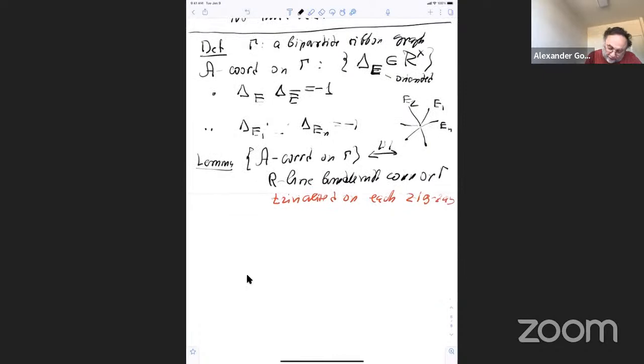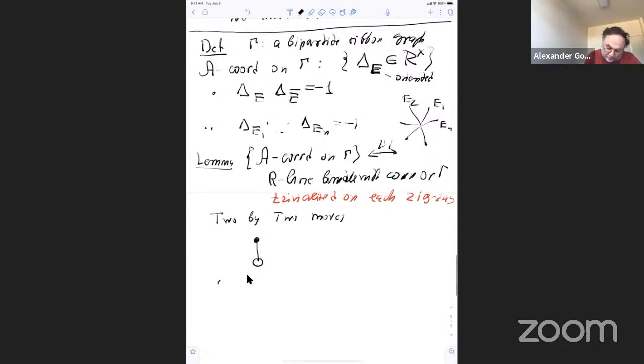Now the next question is, how do we glue? And so then we have these 2x2 moves. It just means that you can take your graph and suppose that you have four black vertices here, and the graph inside looks like this one. And you can have whatever you like outside.